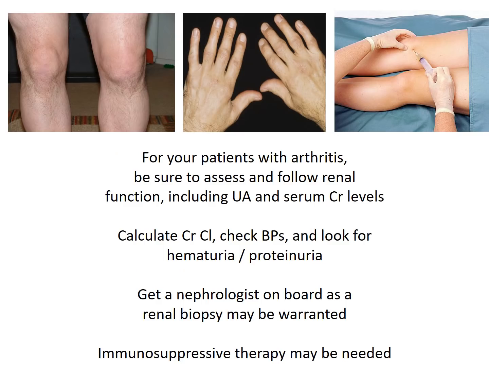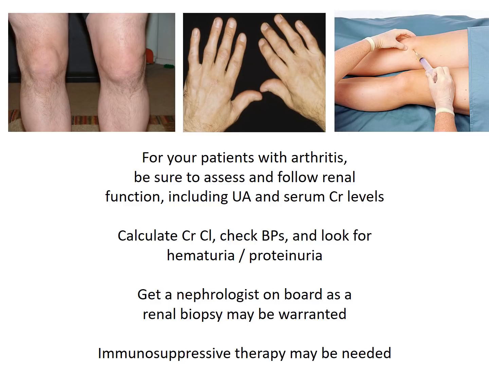And again, just reminding you, people with arthritis, particularly autoimmune arthritis, should always be worked up for renal function in terms of creatinine, UA, GFR, blood pressures, etc. You see that combination of nephrologists and rheumatologists working hand in hand all the time, because these autoimmune diseases that involve joint, skin, and blood vessels tend to also involve kidneys as well.